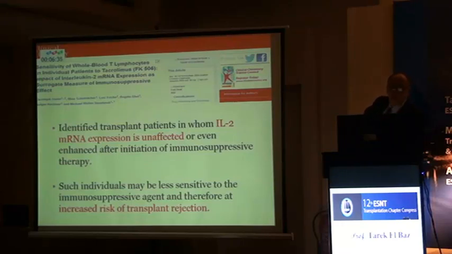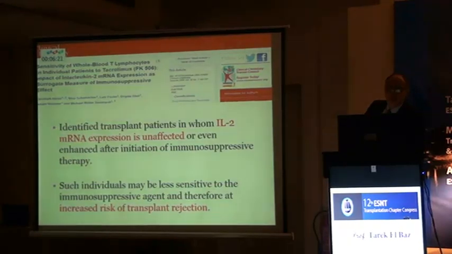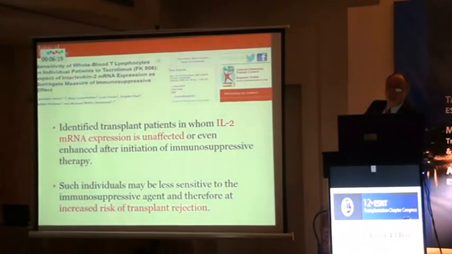Here, a test was done to test the sensitivity of the whole blood T lymphocytes in individual patients receiving the CNI tacrolimus, and it was also addressing the impact of interleukin-2 messenger on the expression as a surrogate measure of immunosuppression.